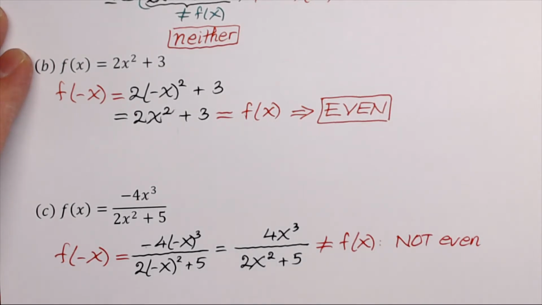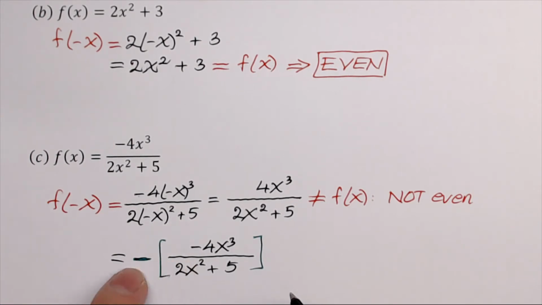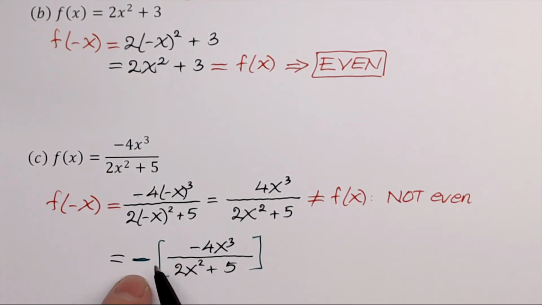Next, we have to manufacture a negative sign. If we put the negative sign out, we're going to have negative 4x cubed, because when we distribute the negative inside, that should be positive. So when we factor out the negative sign, we have this.